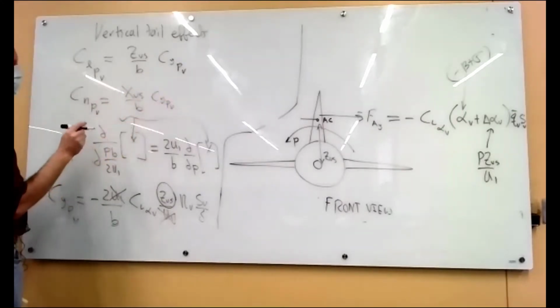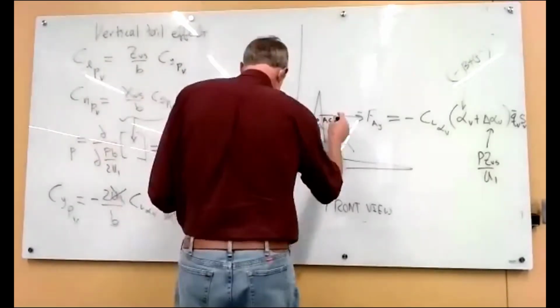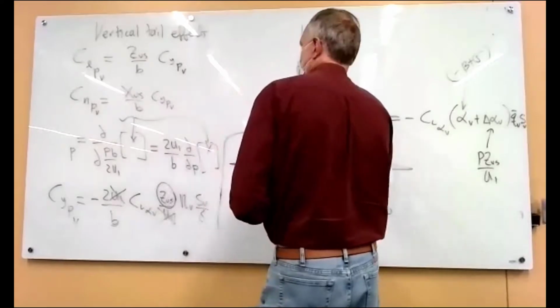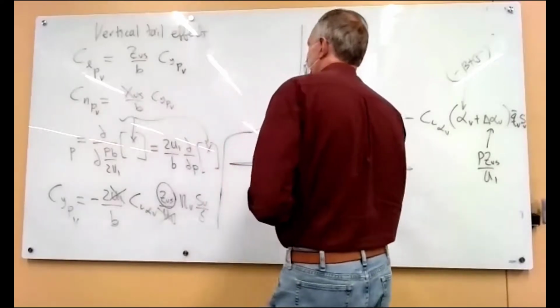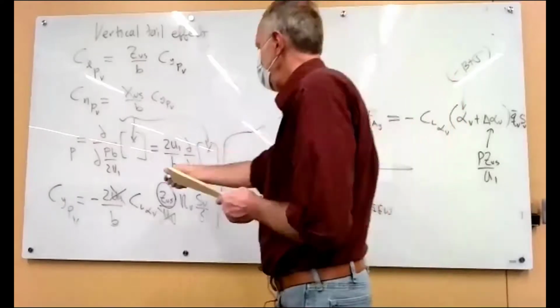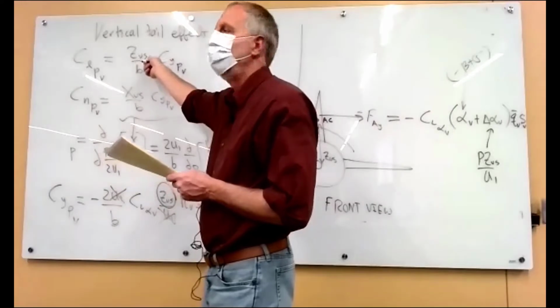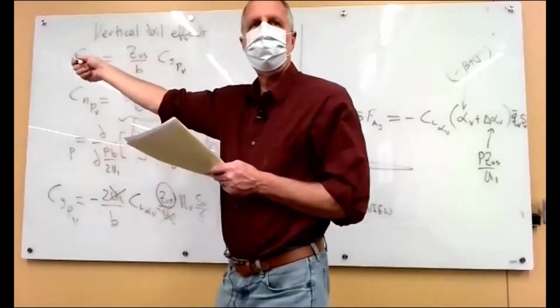Well, we got to make sure we get the signs right. So is this thing creating a positive or negative? It's negative. We got a minus sign here. It's going to go up here. So it's going to be a negative rolling moment.